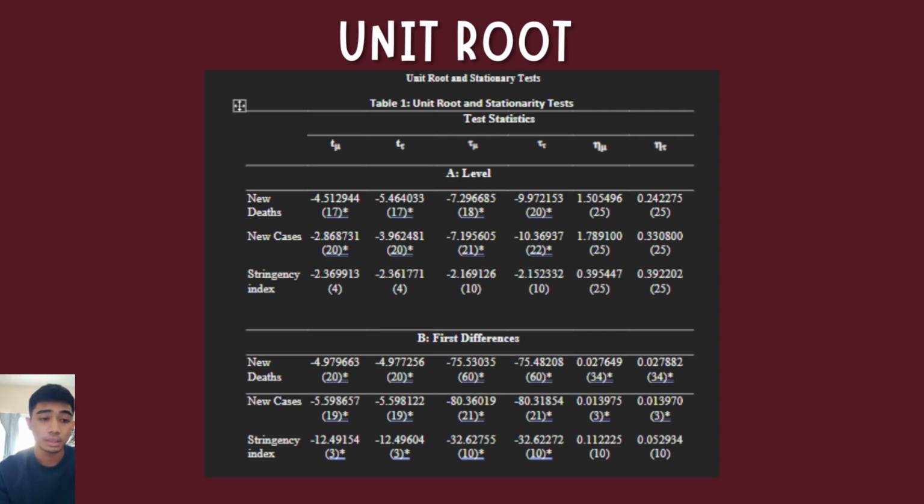While for KPSS, there is no stationarity at level, so we do not reject the null hypothesis. There is stationarity at first difference for new death and cases, meaning that they are significant at 5%, so we accept the null hypothesis at first difference.